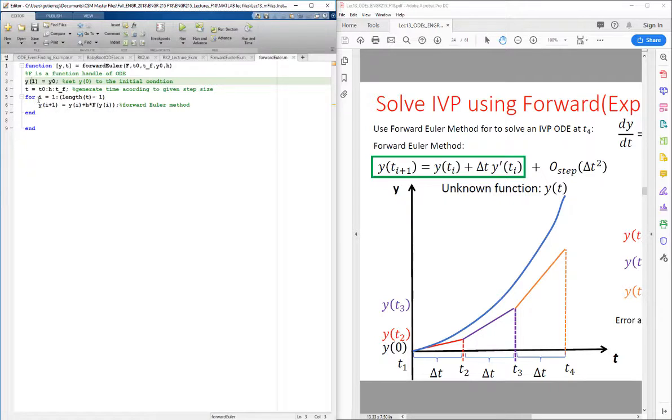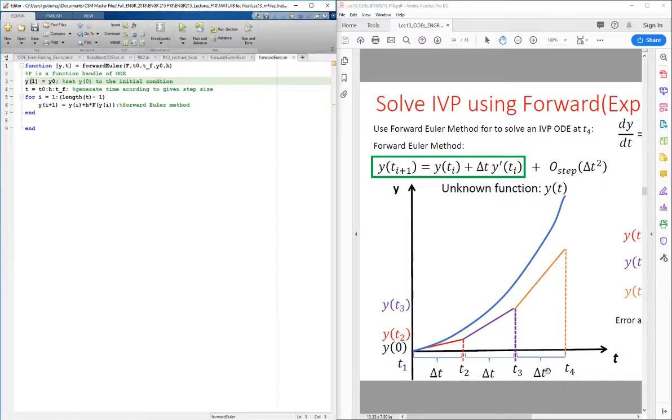And then we'll loop from i equals 1 to length of t minus 1, because we've already set the initial time step and we're solving for y of ti plus 1. So in this example, we wanted to iterate 1, 2, 3 times, and our vector for time was 1, 2, 3, 4.